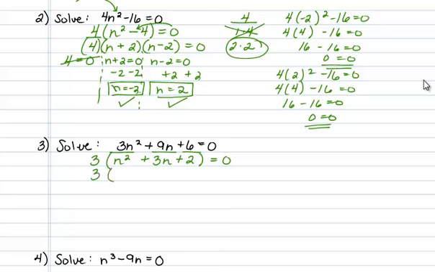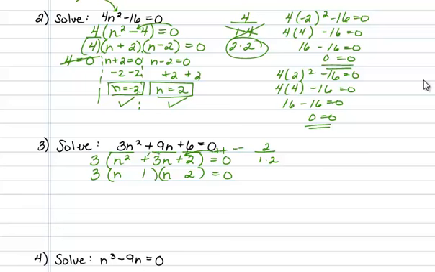Now that's still something that I can unfoil. So 2 parentheses. To make n squared, I need n and n. To make 2, 1 times 2. I have no other option, so it's got to be 1 times 2. This sign at the end is a plus 2, so they've got to be either plus plus or minus minus.